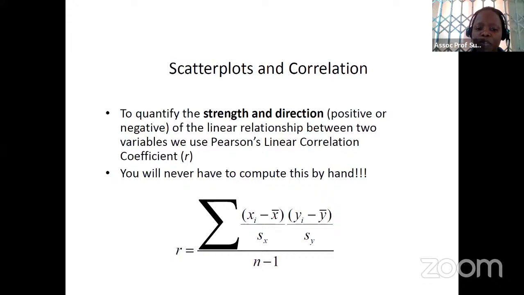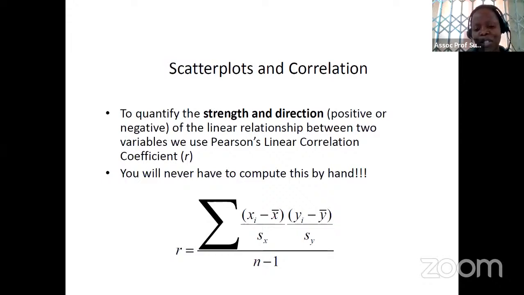If we have two variables that are continuous, then we use Pearson linear correlation, also denoted as small r, and there is a formula, but you can see I've put a hint. You will not need to compute this by hand in this course.